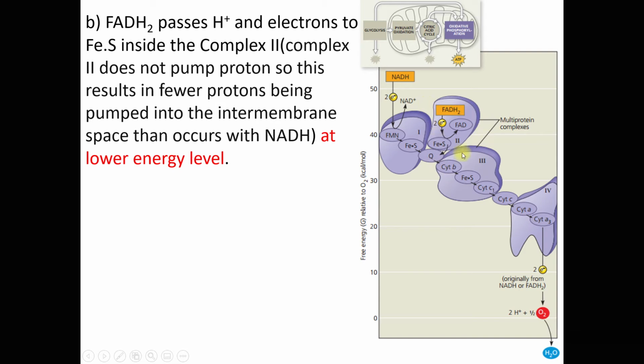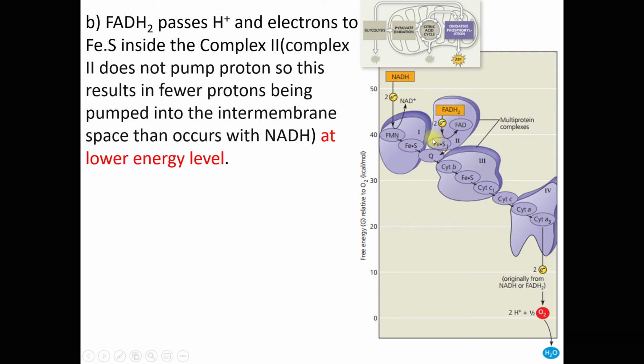So let me rephrase. FADH2 passes protons and electrons to the iron sulfur protein inside the complex 2. Complex 2 does not pump protons, so this results in fewer protons being pumped into the intermembrane space than occurs with NADH.